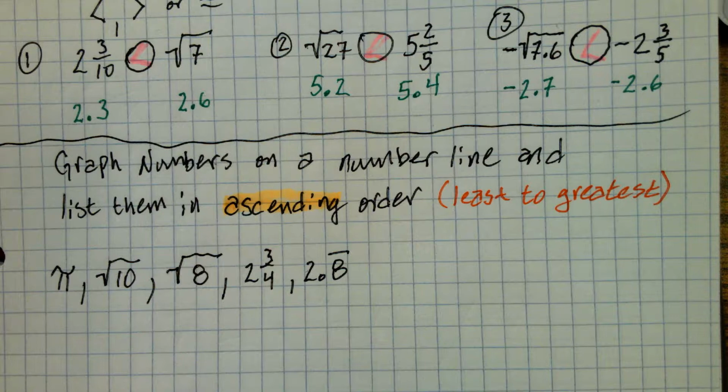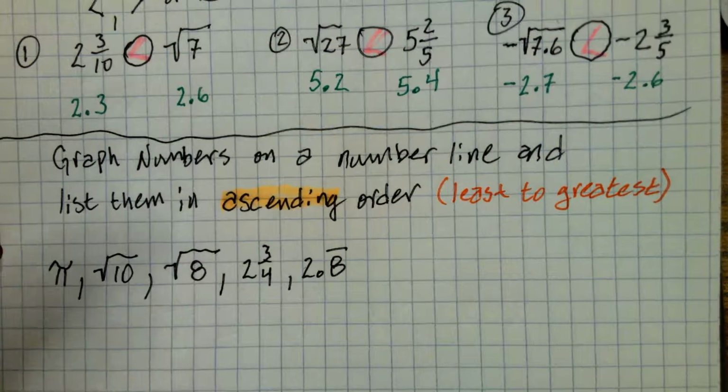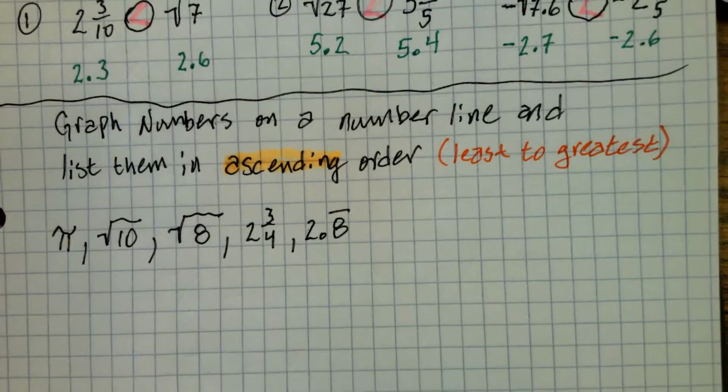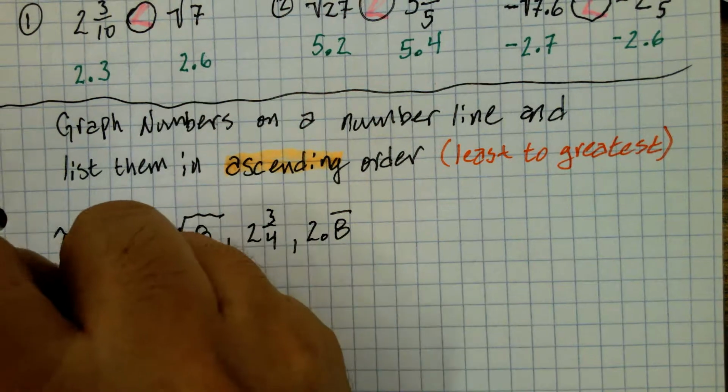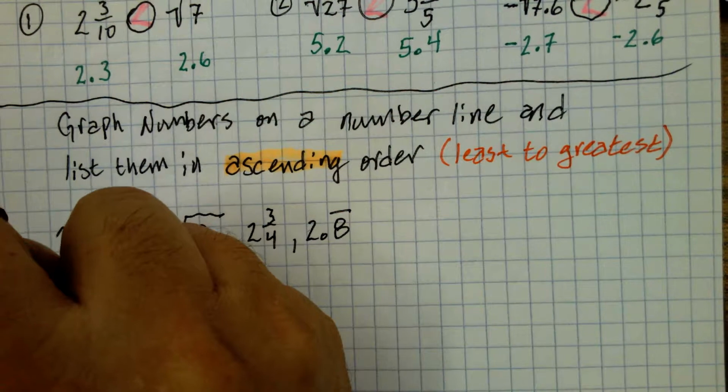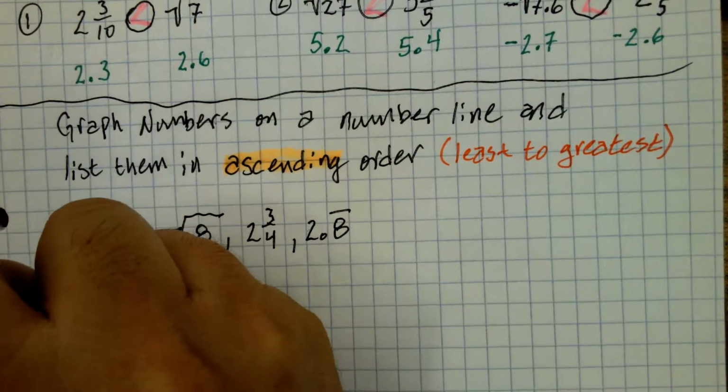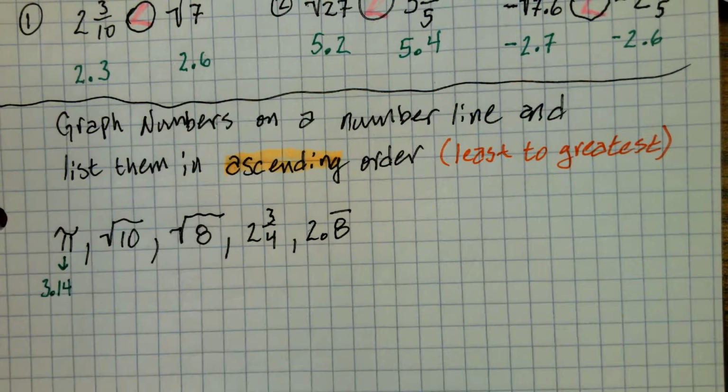So I think the best way to handle this is let's try to get some decimal representations. Pi would be 3.14. Let's go with that. How about radical 10?